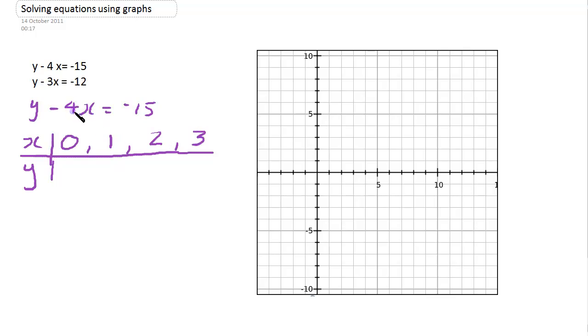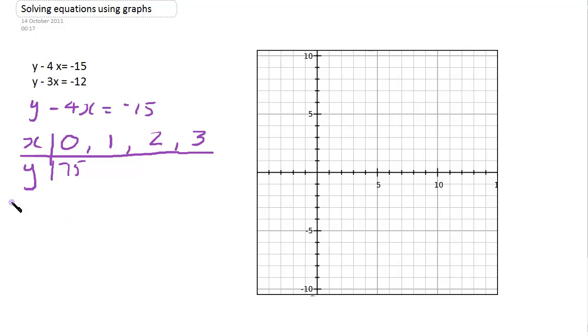So we put x equals 0 into here. So we get y minus 4 times 0, which is just going to be y equals minus 15. So at that point we get y equals minus 15. If x equals 1, then you get y minus 4 times 1, equals minus 15.